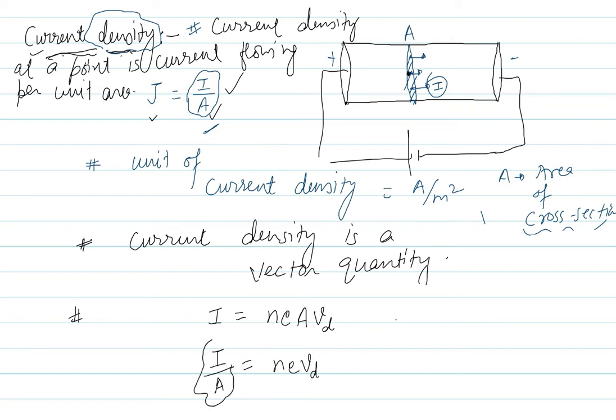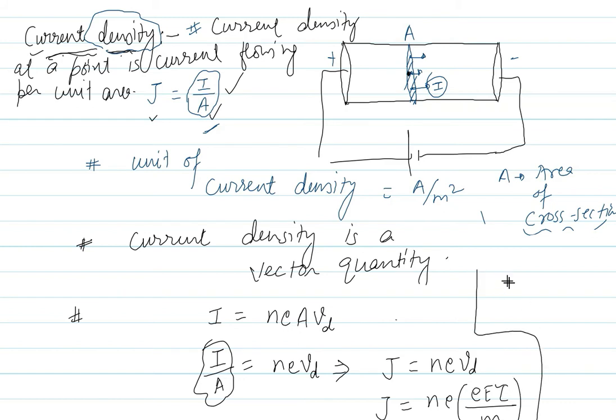So this I by A is actually becoming J. So this is n e v_d. Further, you can replace v_d, if you remember, we have defined v_d in terms of relaxation time, e tau by m, right? So the final expression for J is becoming n e square E tau by m.